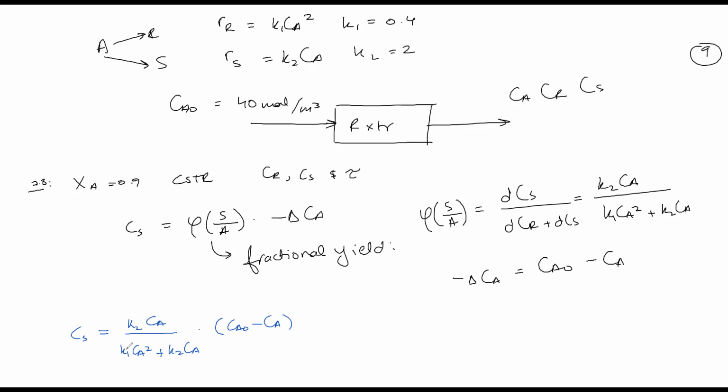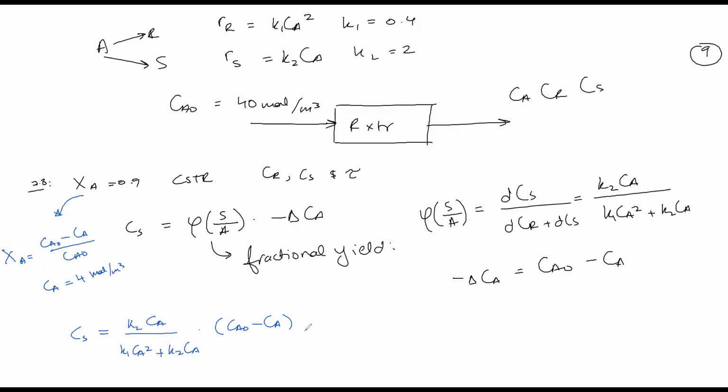So I have K2, I have K1, I have CA naught. I'm missing CA, but I'm given a conversion. So to get CA, I'm going to use this conversion: XA is equal to CA naught minus CA over CA naught. CA naught is 40, XA is 0.9, so CA has to be 4. So CA is 4, basically 90% of this gets converted, so only 10% leaves.